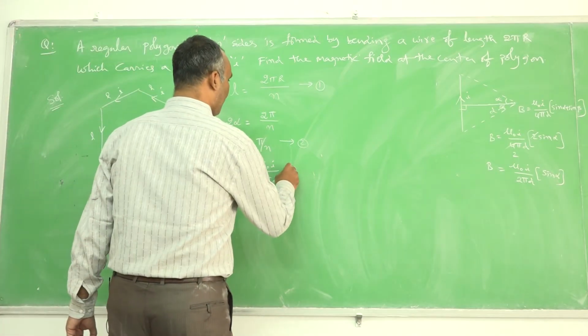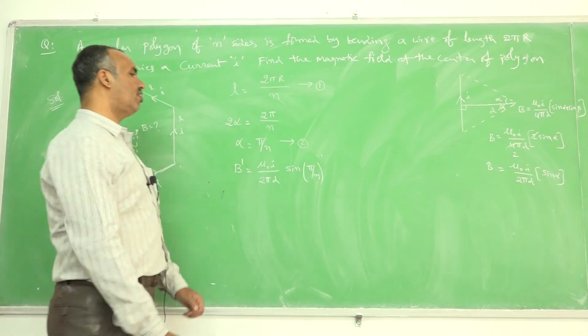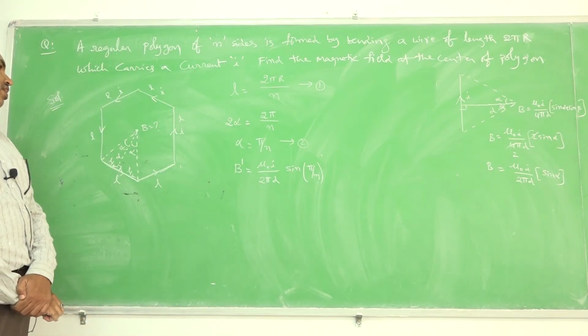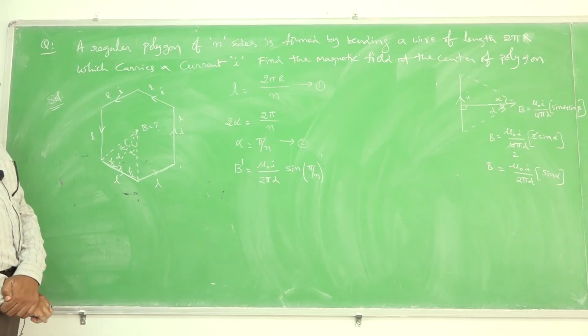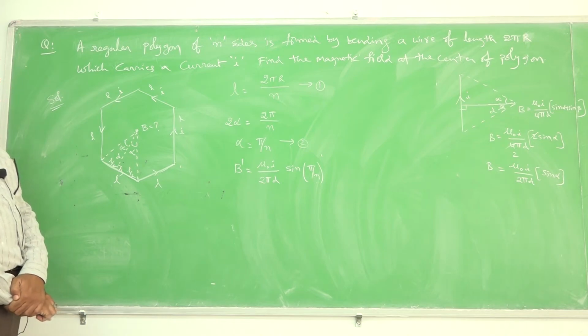Sin alpha means sin pi by n. I need d value. So how to calculate d?